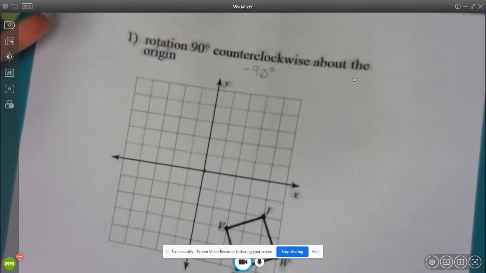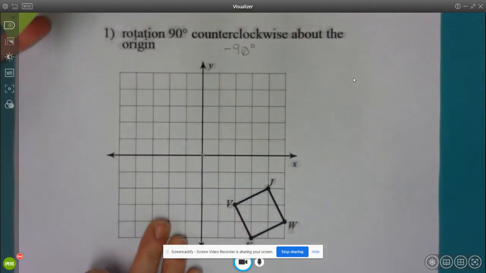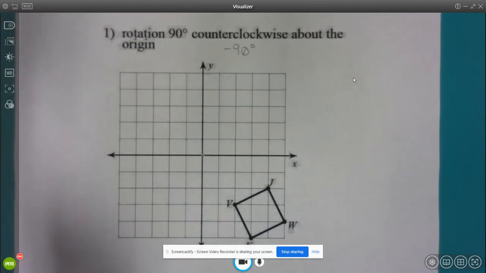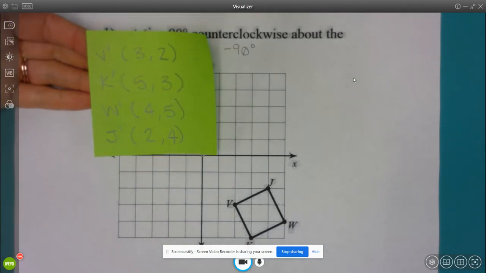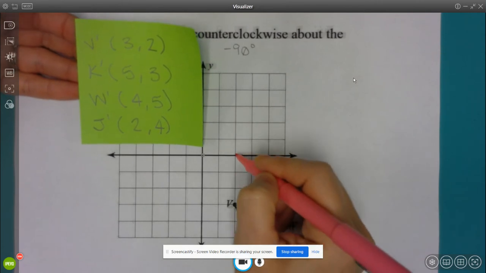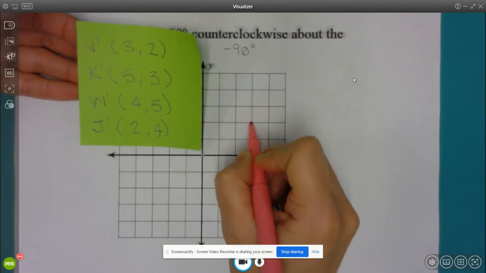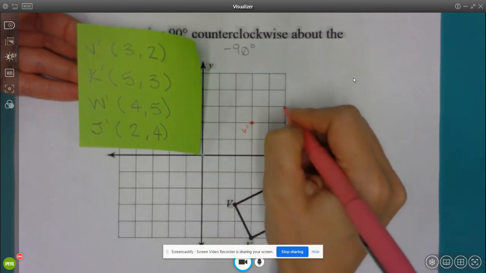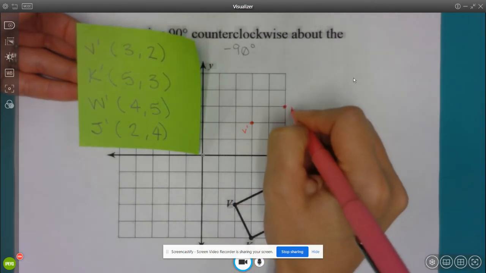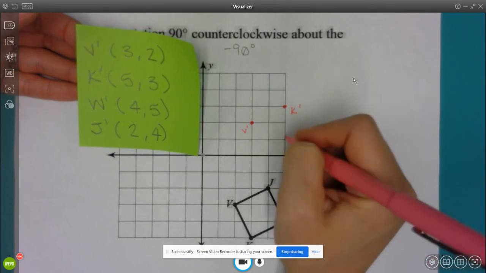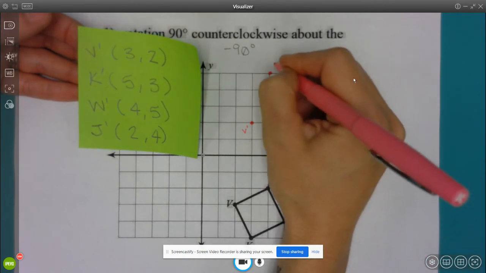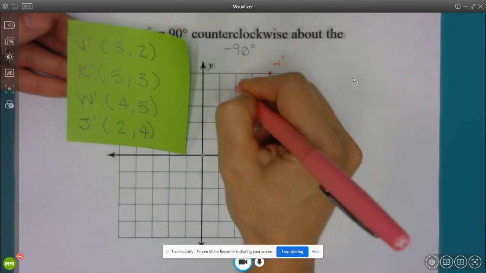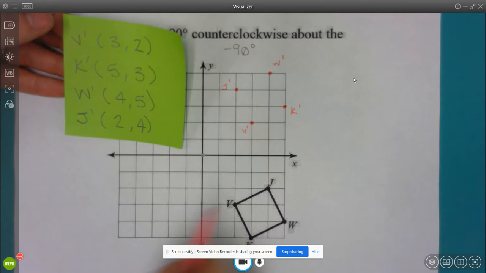Now when I orient my graph back to how it was originally, I'm going to grab a different color for my image, and I'm going to graph these coordinates. So 3, 2, here's V prime; 5, 3, here's K prime; 4, 5, this would be W prime; and then 2, 4, there's J prime.